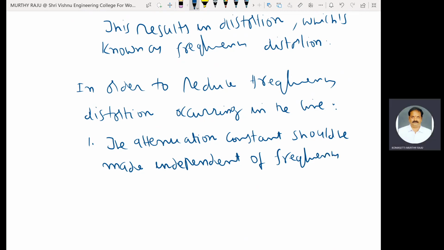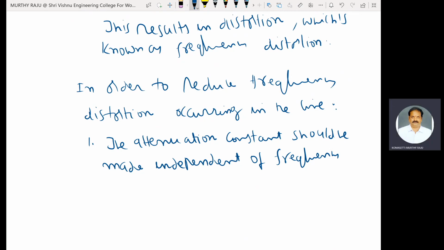As in the previous case, a signal is nothing but a band of frequencies. The purpose of a transmission line is to transport such a band of frequencies. The attenuation constant alpha is a function of frequency. When a signal having many frequency components is transmitted along the line, all the frequencies will not have equal attenuation constant.